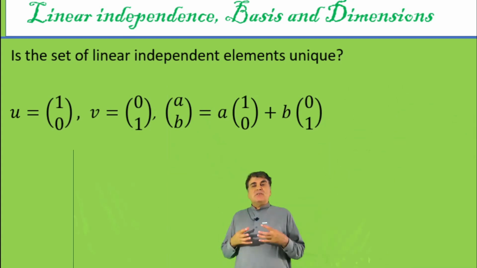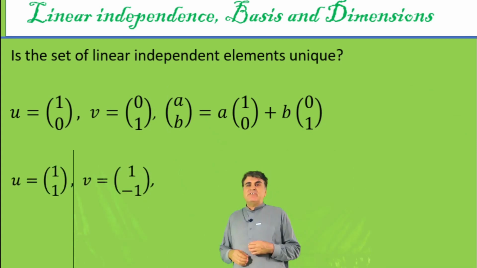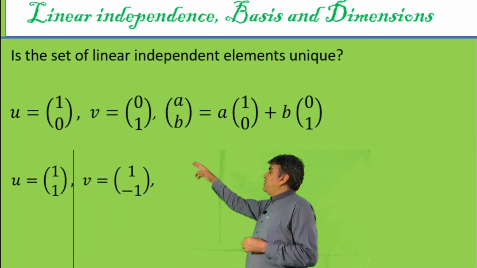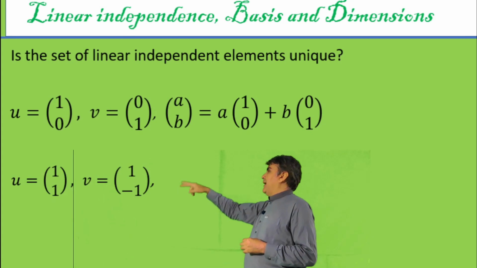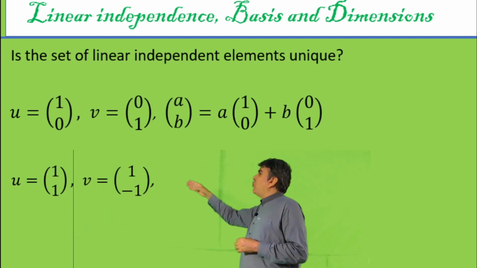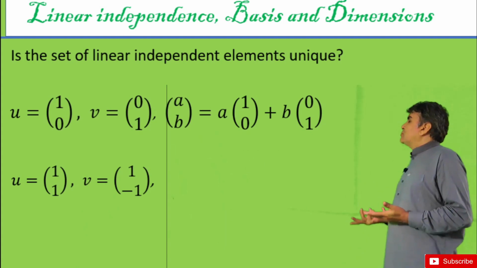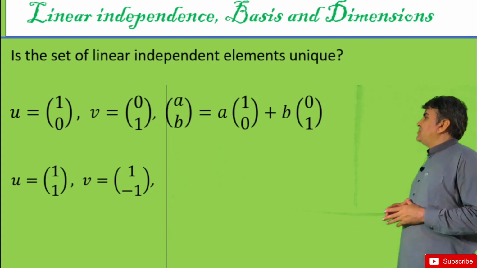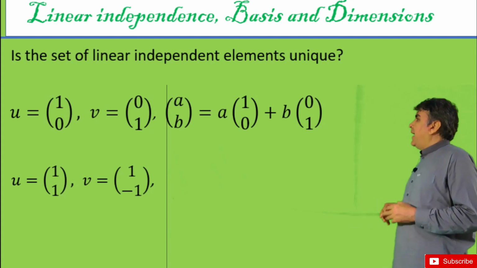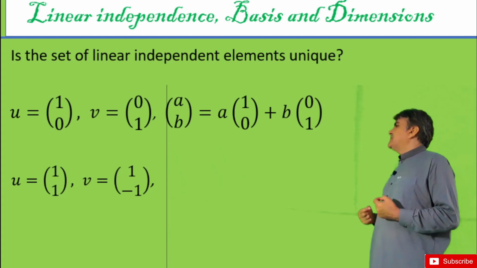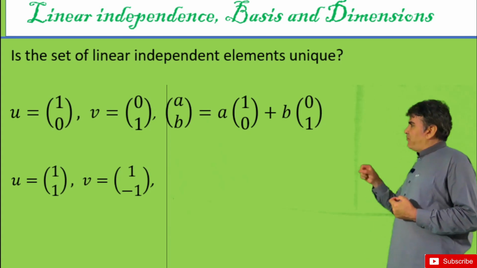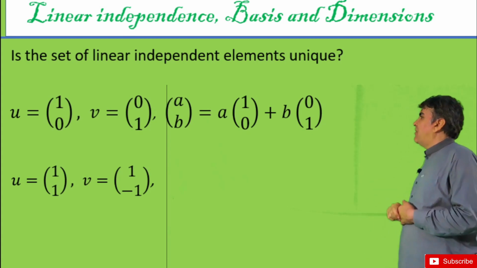Now consider another set of 2 rows column matrices in the form of U equals 1 and 1, and V equals 1, with the last entry being -1. We can see that these elements are also linearly independent from each other, and every other element of the space can be expressed from different linear combinations of these two.